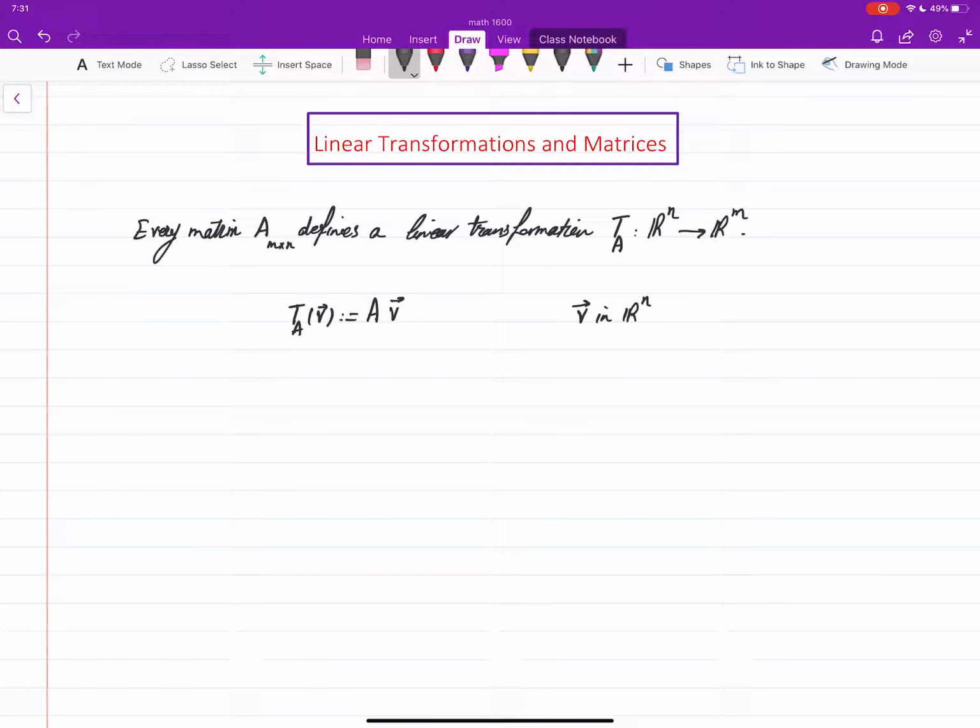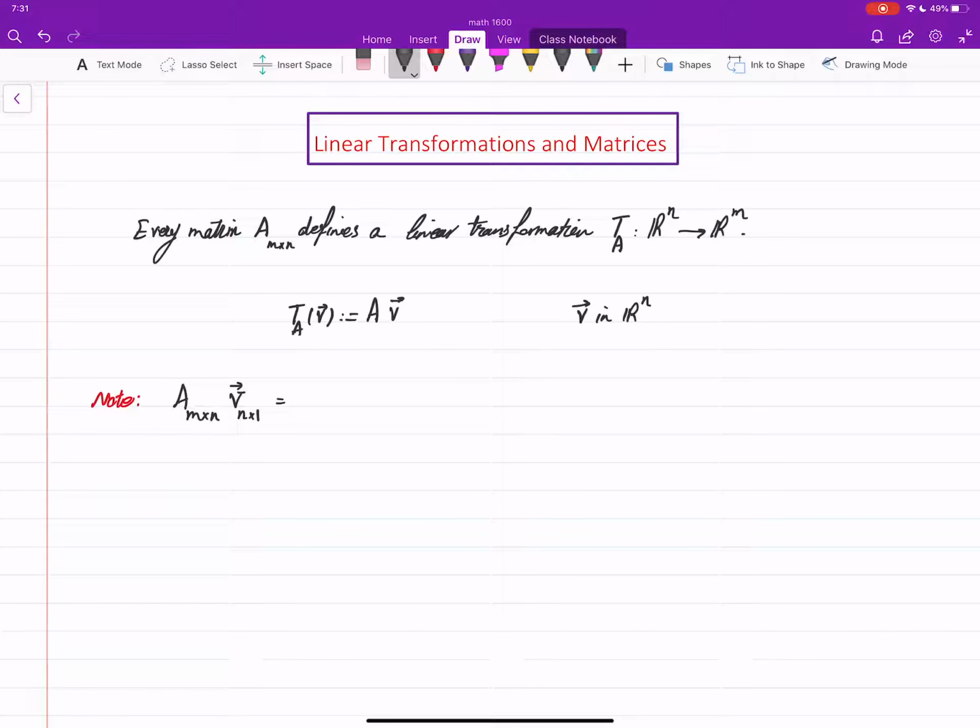Note that A is M by N and v is a vector with N rows and one column.